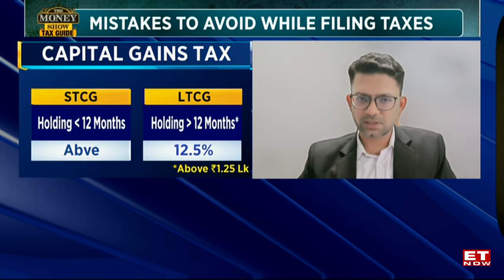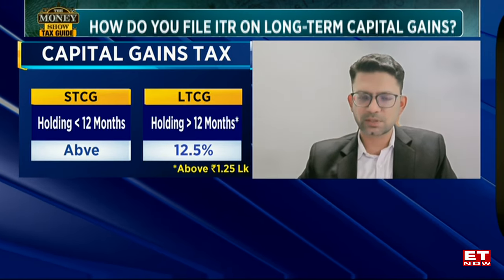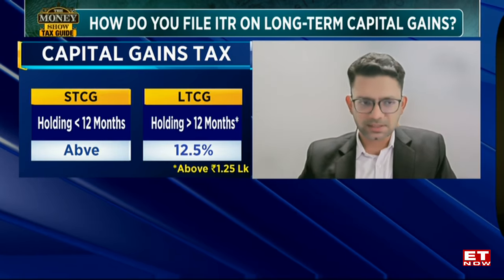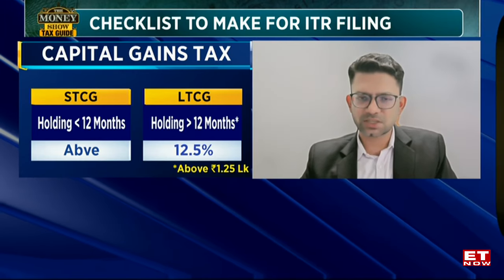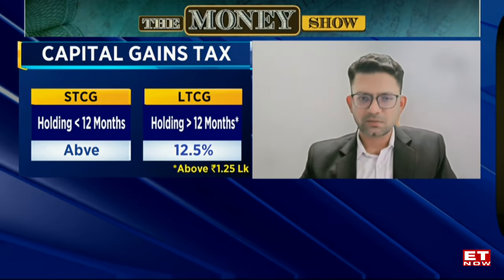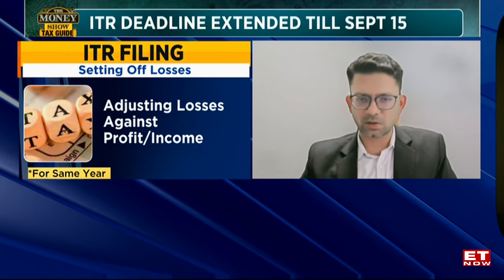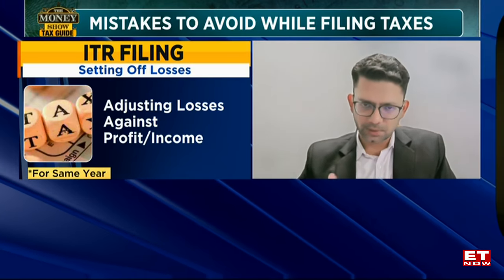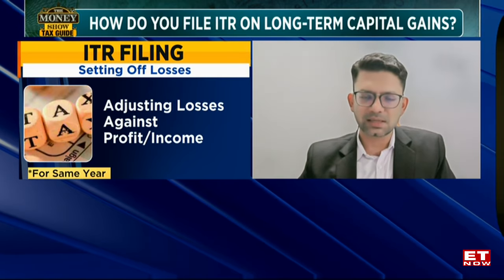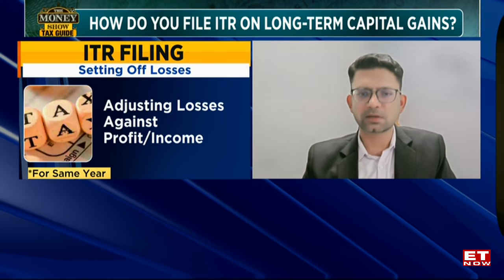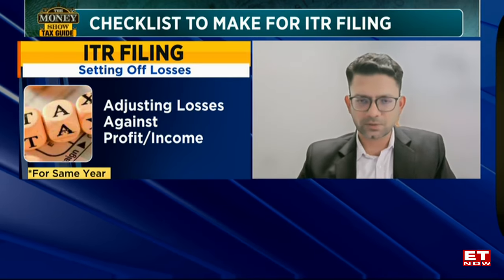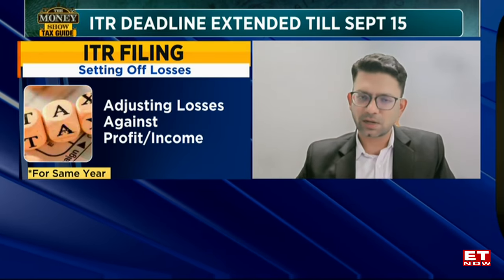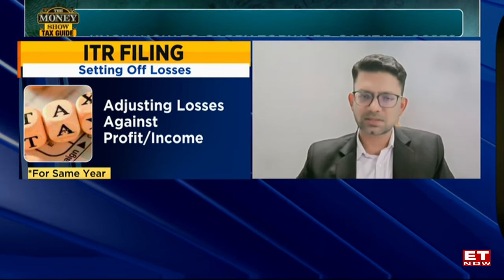Now, for financial year 24-25, relating to assessment year 25-26, there is a welcome change in the ITR form: if you have gains from mutual fund securities of up to 1.25 lakh, provided these are Indian securities, meaning you have not invested into foreign securities, and on which securities transaction tax has been levied, then you can file your ITR 1, and within ITR 1 such gains can be reported.